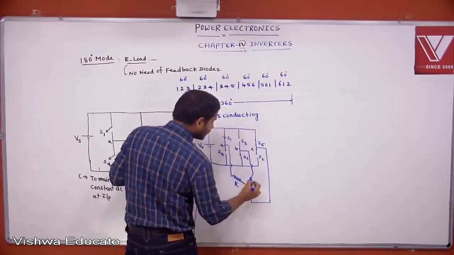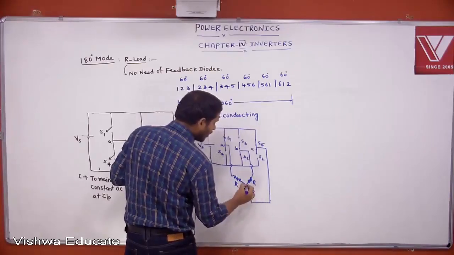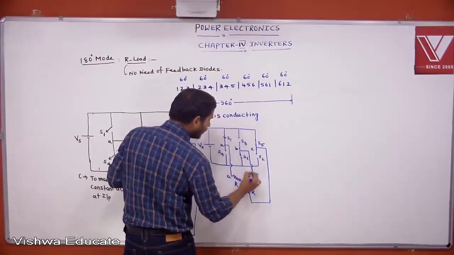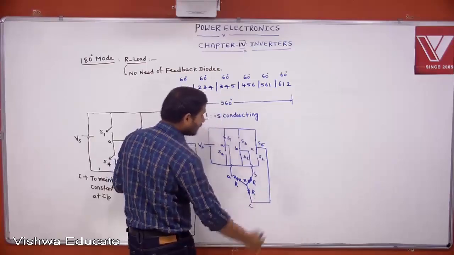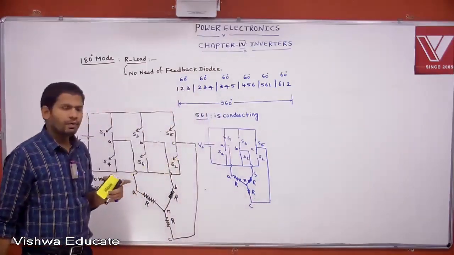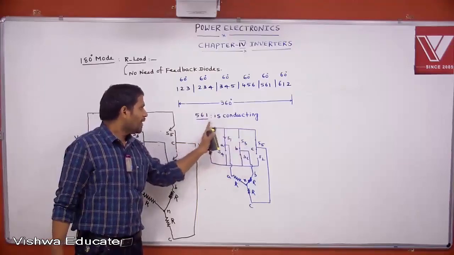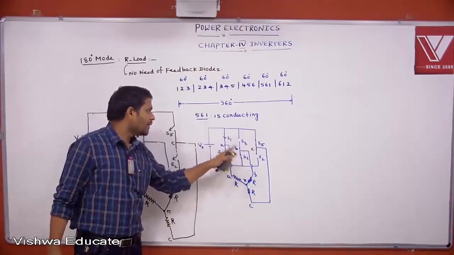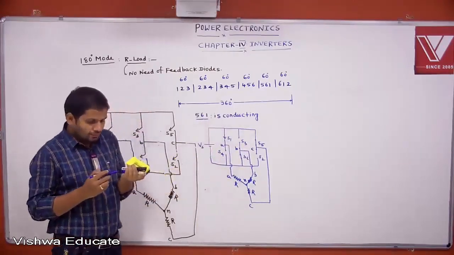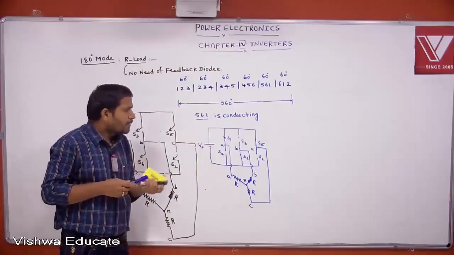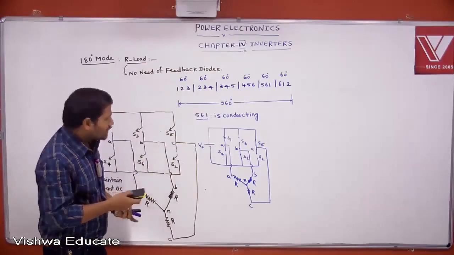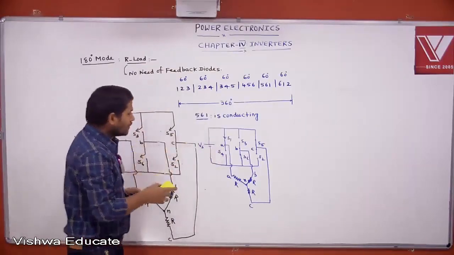This is R, this is R, this is R. This is neutral point. A phase, B phase, C phase. S1 is on state, S5 is on state, S6 is on state. Remaining are off state. With this, I am drawing this equivalent circuit from this one.